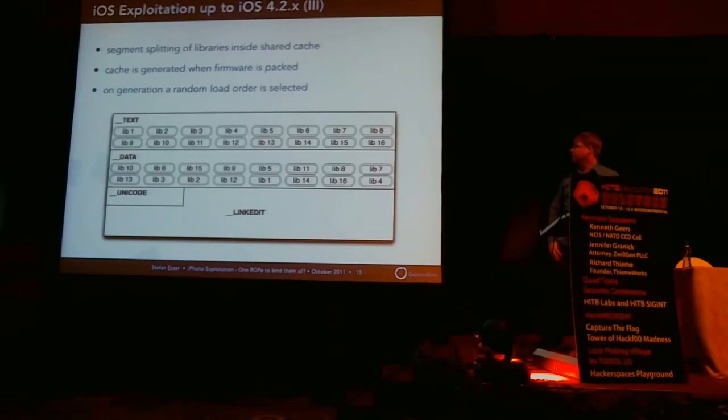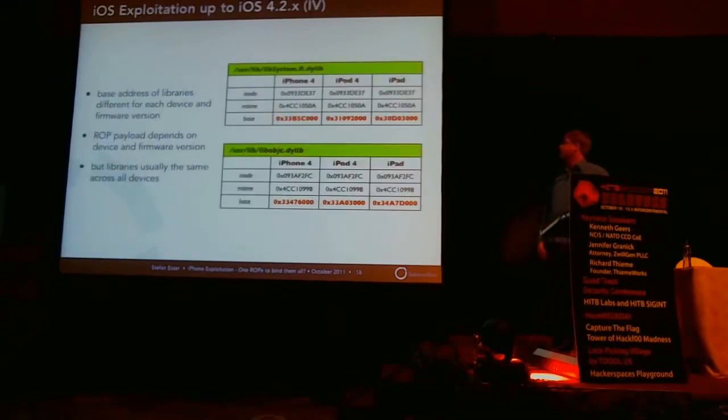Another thing you have to know is that when Apple packs the firmware, they generate this cache, and the cache generation is done randomly. It will pick all the libraries randomly and then load them after each other. Which means that when you have different devices, like the iPhone 4, the iPod 4, and so on, they all get their own firmware, and every time the firmware is generated, the load order is different.